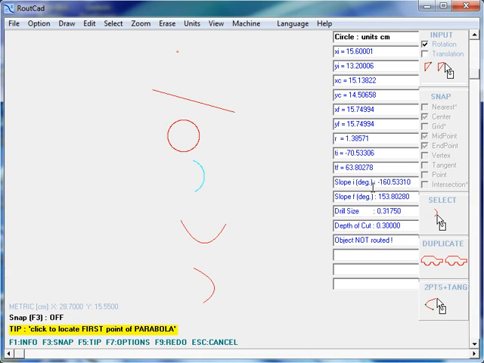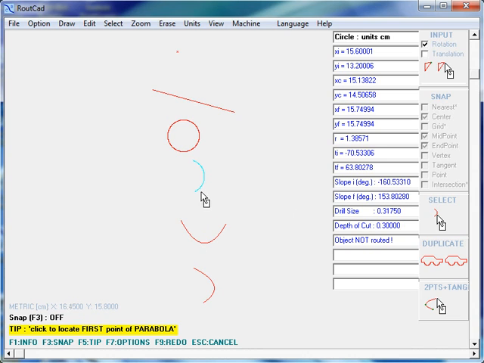So the slope of the initial point, which is over there, is minus 160 degrees. So if I start from 0, it passes minus 90 degrees, it goes all around, and minus 160 degrees.